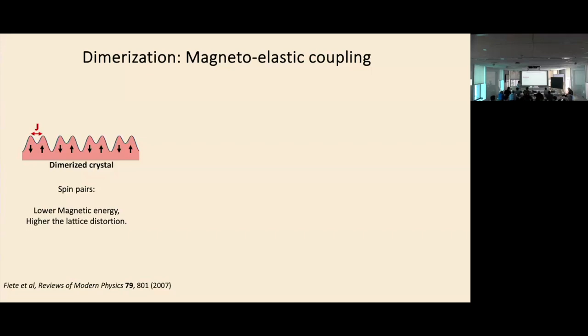When this coupling becomes large enough, there's a competition between the Coulomb potential, which wants the electrons to form a perfect lattice, and the anti-ferromagnetic coupling, which wants to form singlet pairs. So the competition of this elastic energy and the magnetic energy can drive a dimerization behavior.